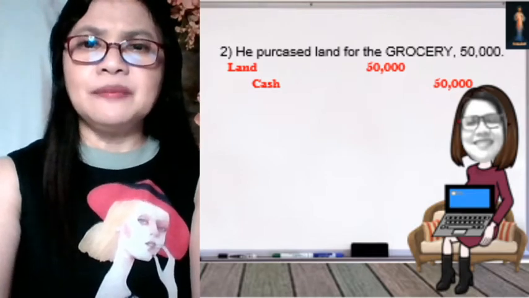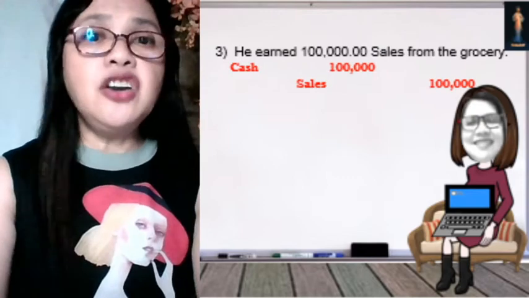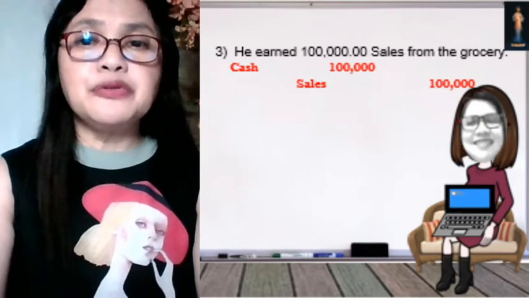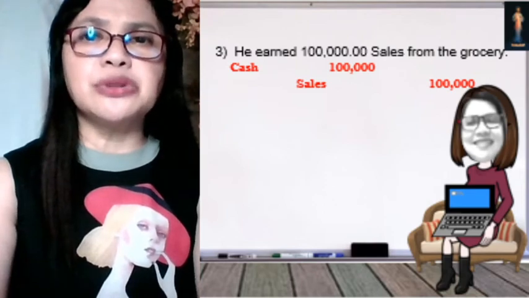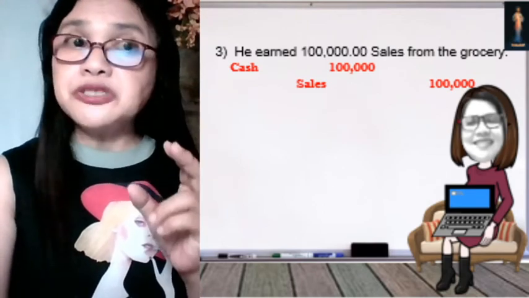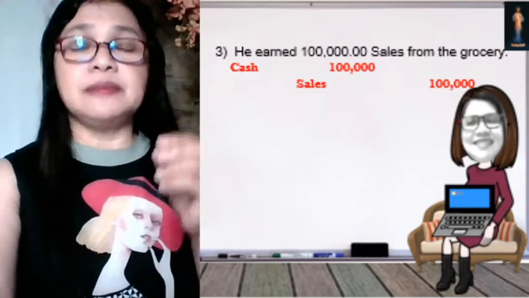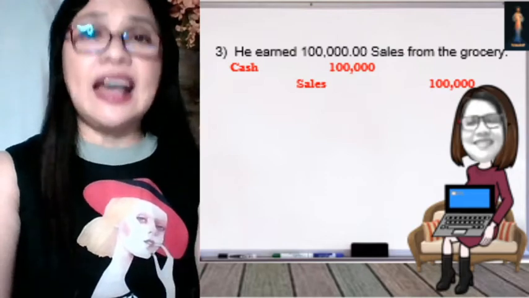Next transaction is, okay, he earned 100,000 from sales. Okay, the sales of the grocery store is 100,000. So the accounts affected again are what? When you receive sales, that means you receive cash.